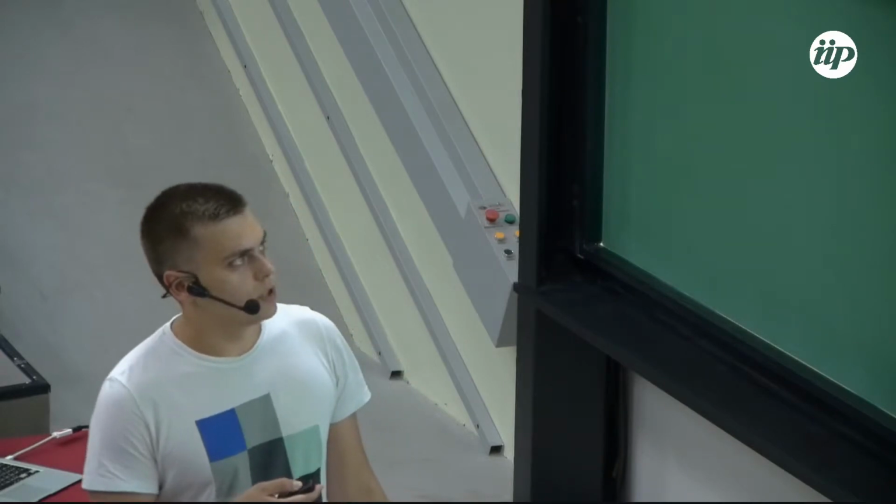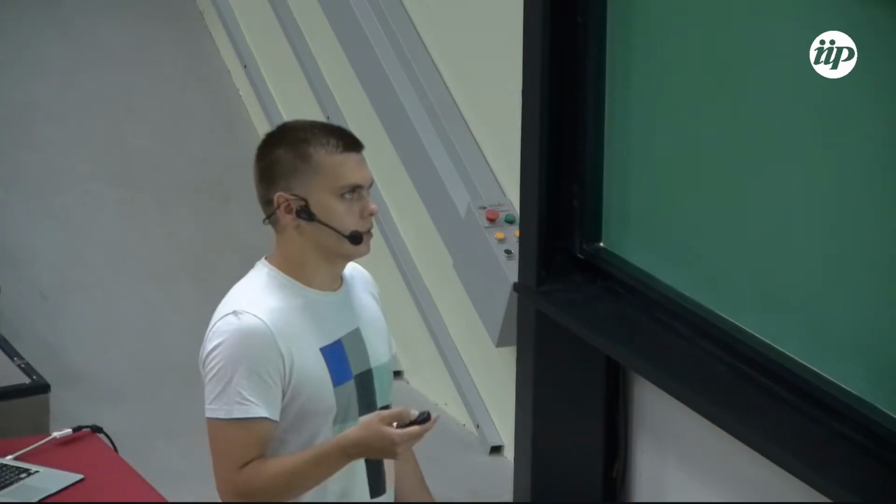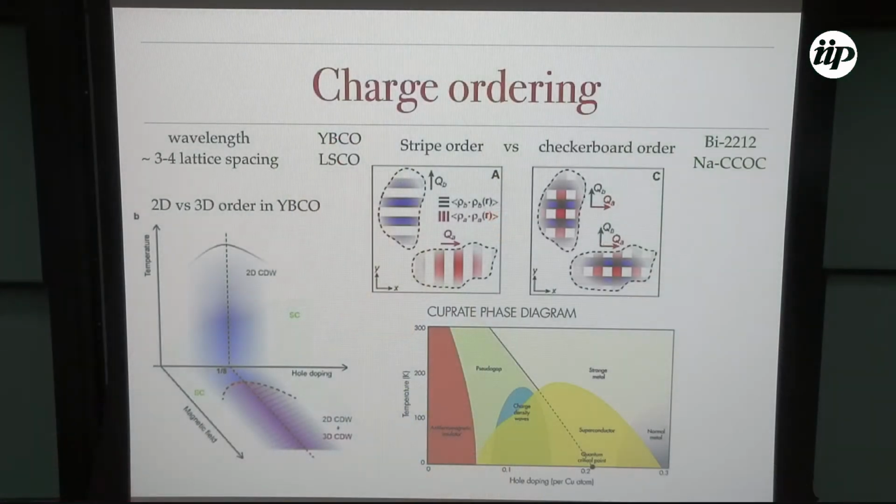The first is present in YBa2Cu3O (yttrium barium copper oxide) and in lanthanum strontium copper oxide, and checkerboard is present in other types. Sorry, I can't name them. The general property of this ordering is that the length of the modulation vector is 3 or 4 lattice spacings in all cuprate compounds.